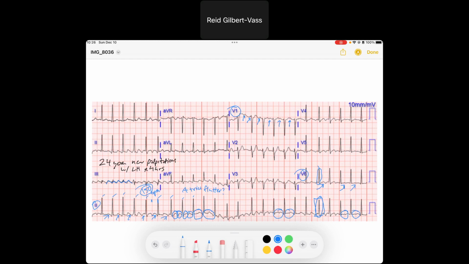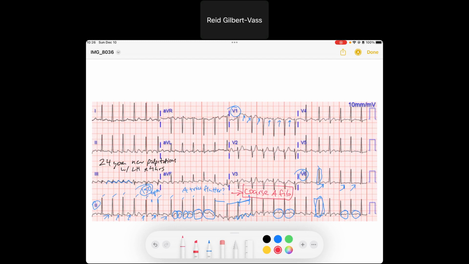It definitely has some flutter-like activity that looks like it would be almost 2-to-1 conduction, and this looks like it could be a 3-to-1 conduction here, where you have flutter, flutter, flutter, QRS. But ultimately, I would say this would be more of a coarse atrial fibrillation.